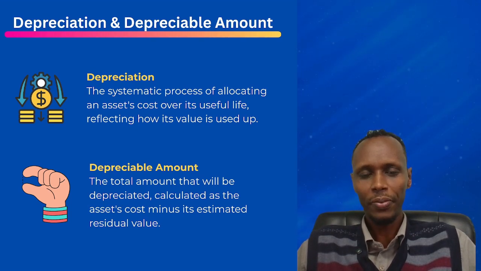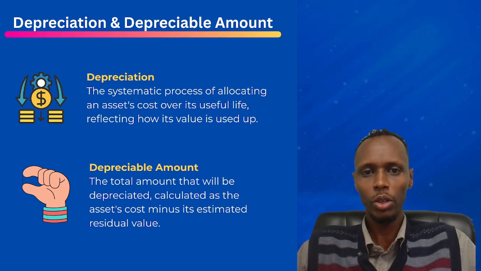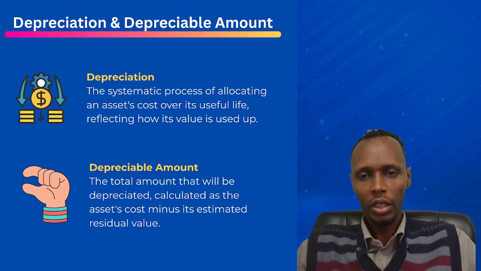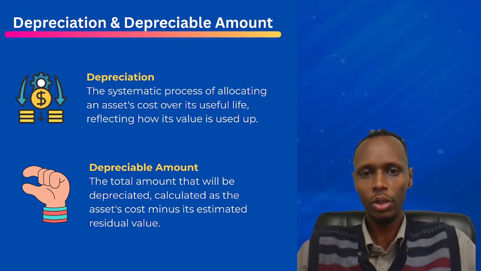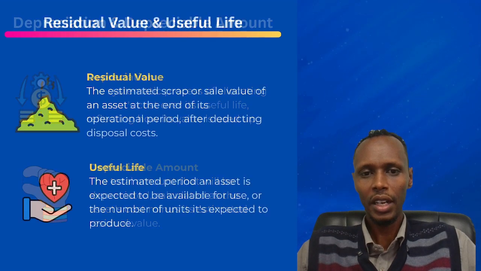Because at the end of the day, the residual value will always remain. So, what is residual value? It is the amount that will always remain. I call it the scrap value of that asset.